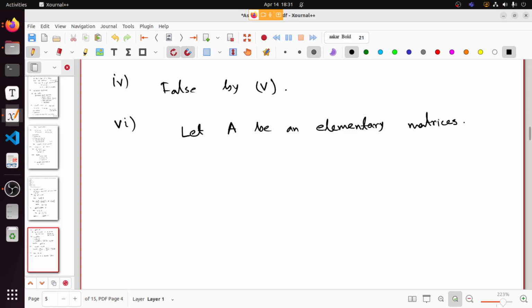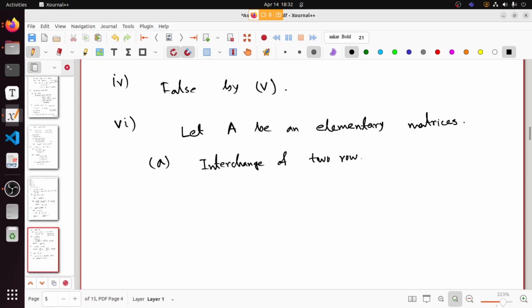So there are 3 types of elementary matrices, right? So let A, this is row interchange, right? First one, interchange of 2 rows. So if you take the conjugate transpose, it will be basically the interchange of 2 columns.